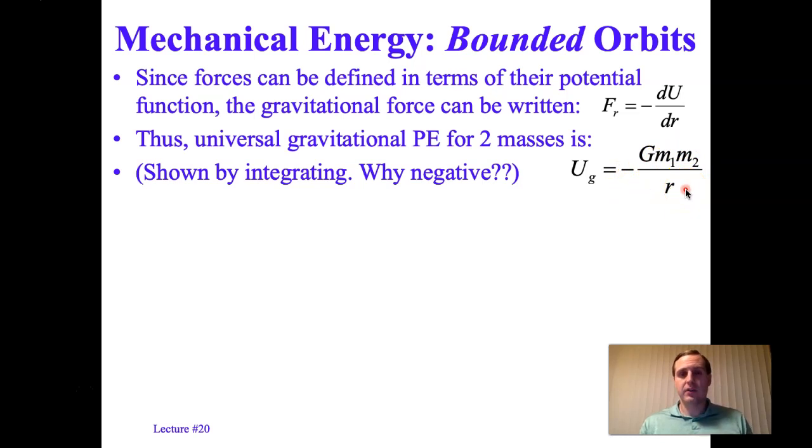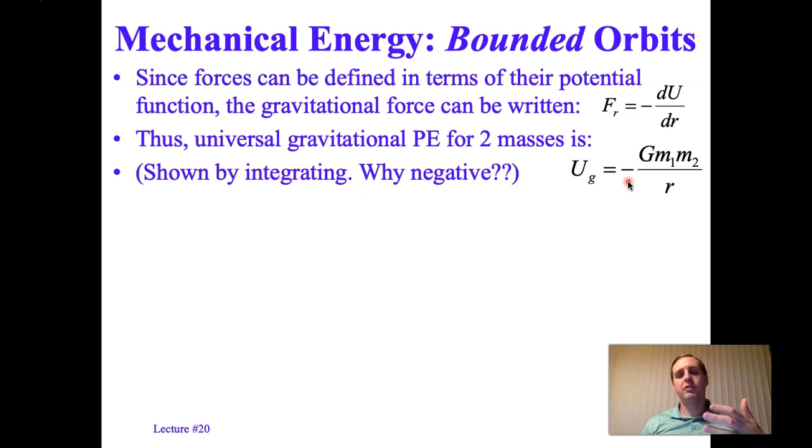Now, first things first, why is it negative? Notice that, first of all, it's still proportional to G, m1 and m2, but now it's not an inverse square law, it's just inversely proportional to r. But it's negative. Now let's think about why that is. When two objects are separated out in the universe and they're very far from each other, we say that the gravitational potential energy, by definition, is zero.